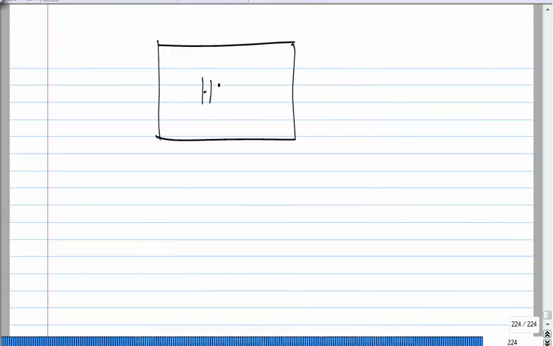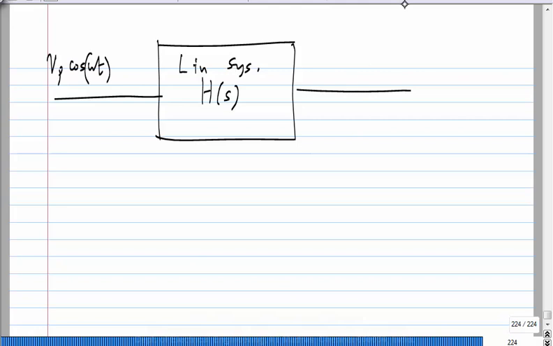So, let us say I have a linear system with transfer function h of s and I feed, let us say, Vp cos omega t and out comes something. Okay. What is that?